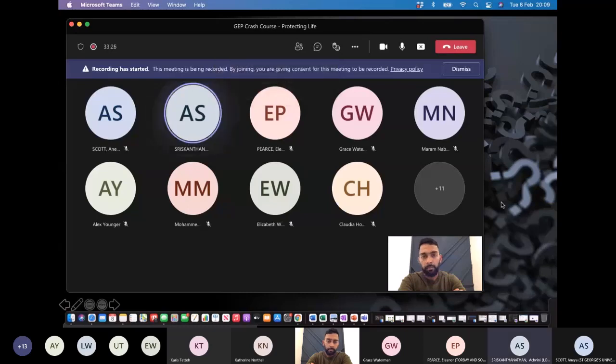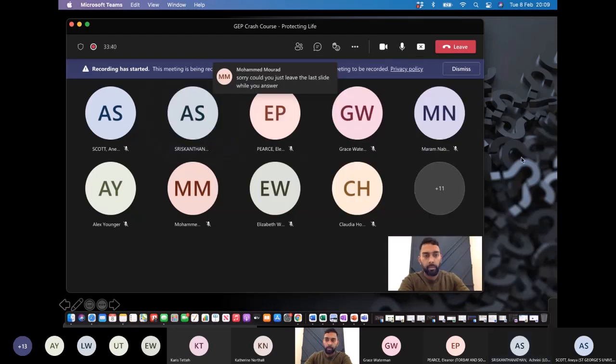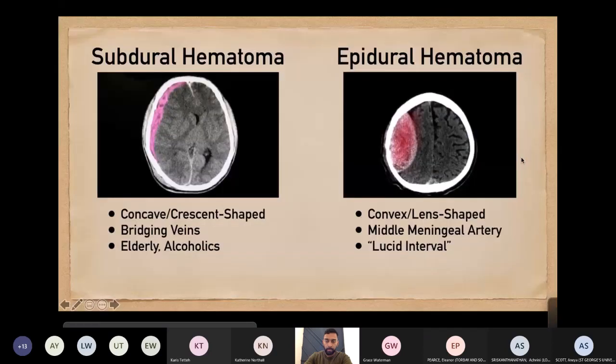There's a question here: is it lemon shaped because of the fascia, or because it's more adherent to the sutures of the skull, so the bleed can't pass those joints easily? One second, let's go back.